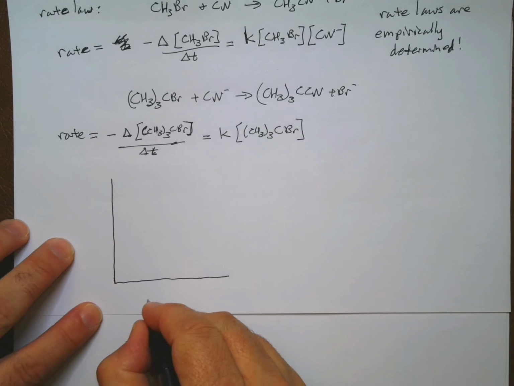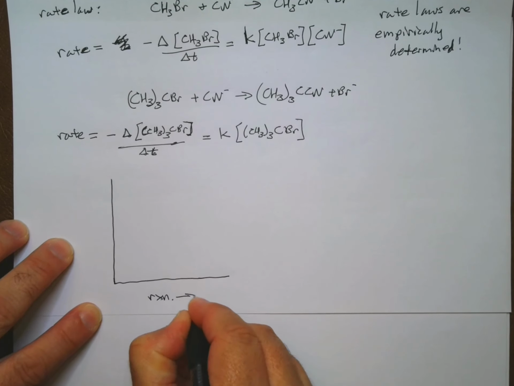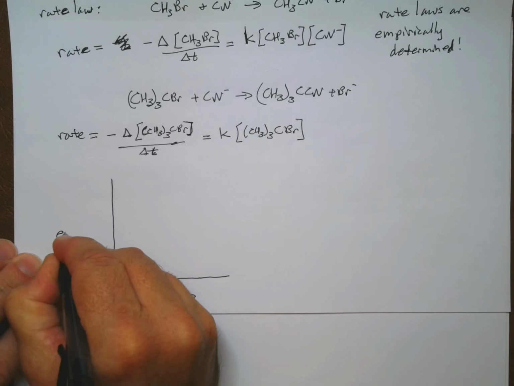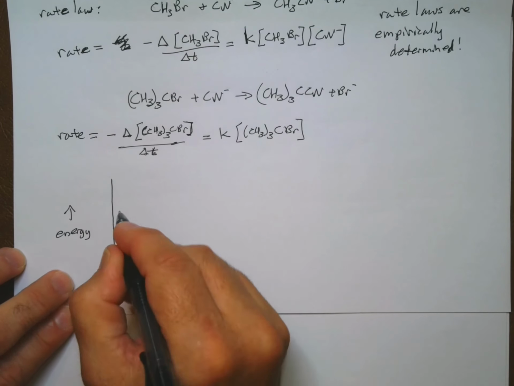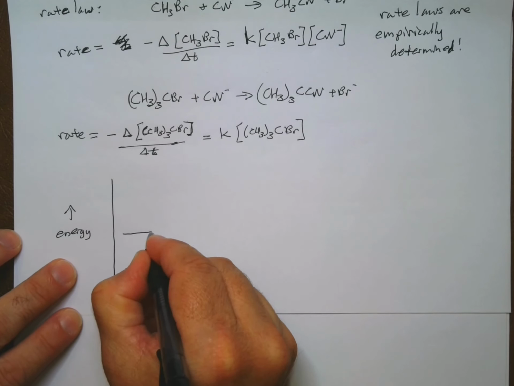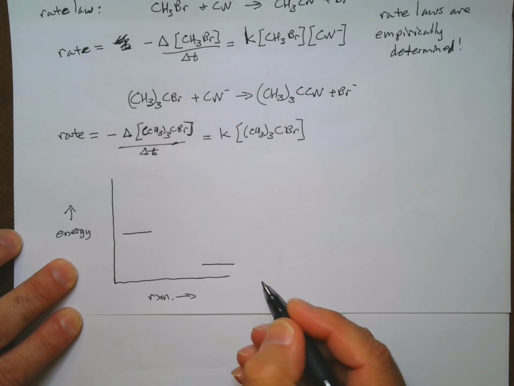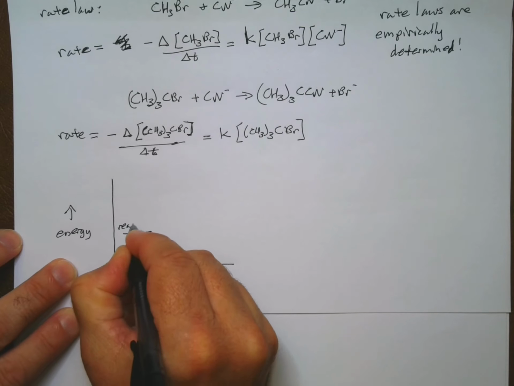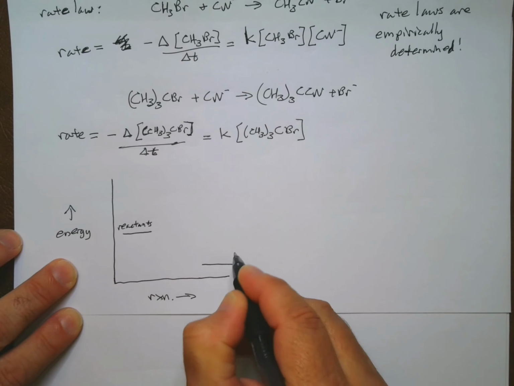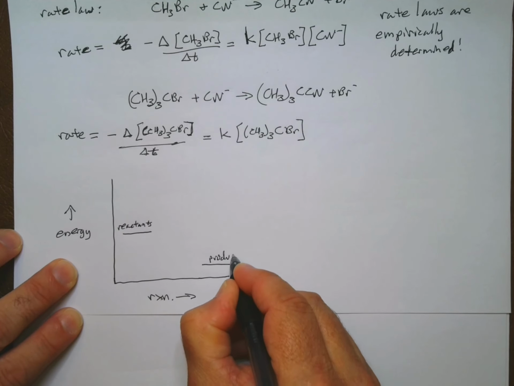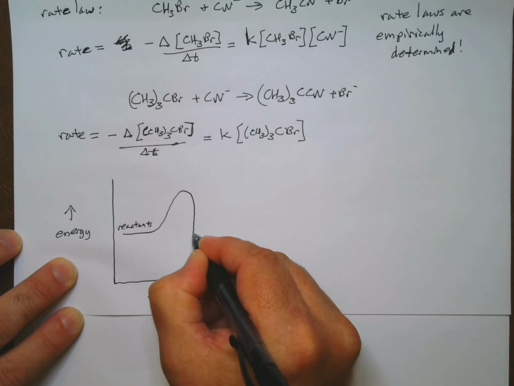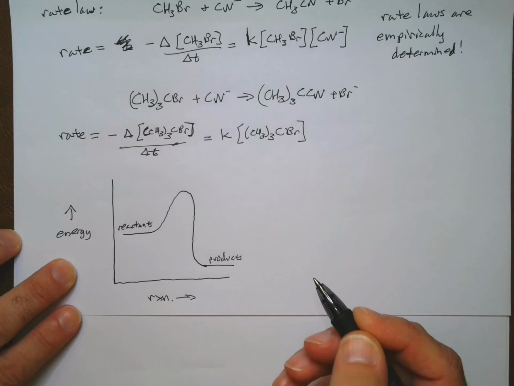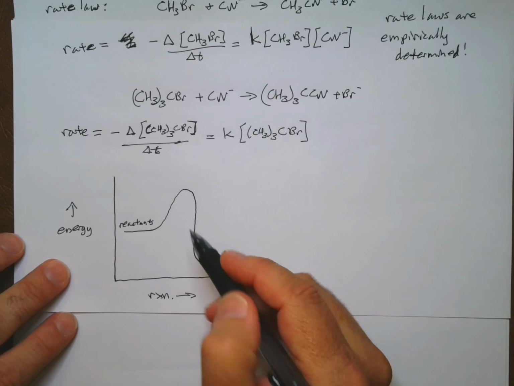So, I have my reaction, I have my energy, and I start with my reactants, end with my products. And what kinetics is going to look at is how we get there. Kinetics is going to look at this part here.